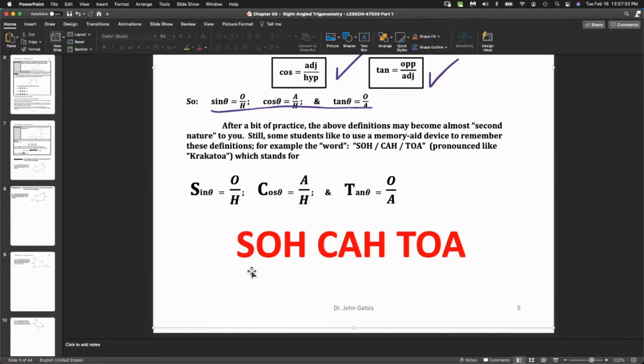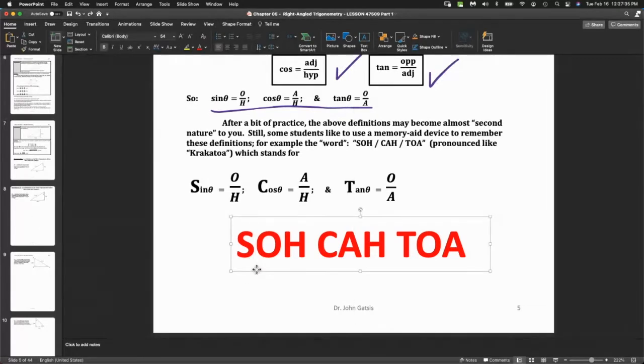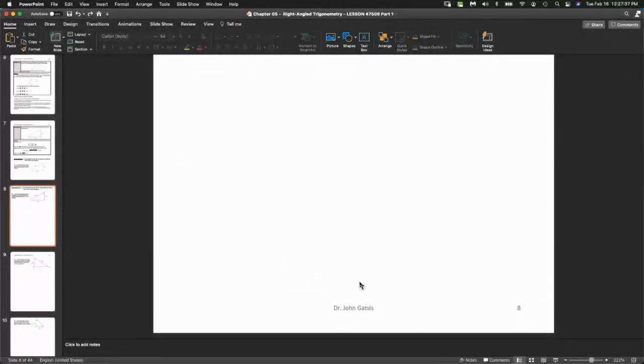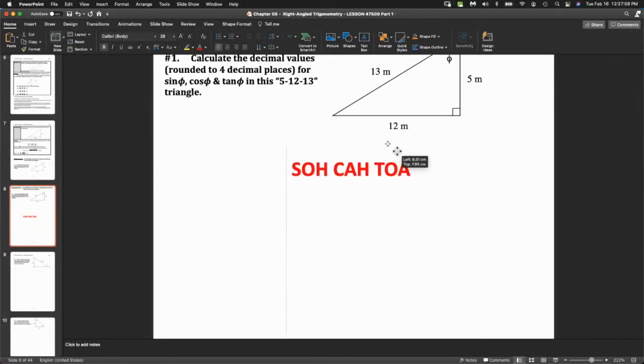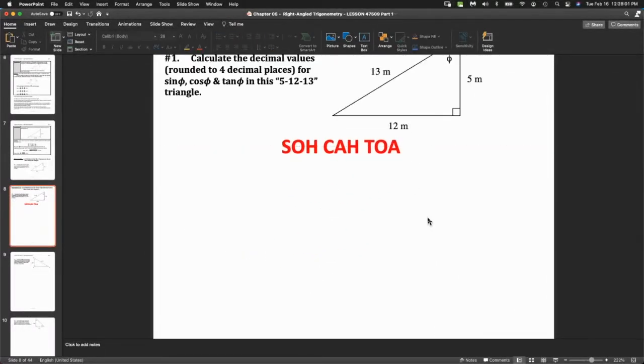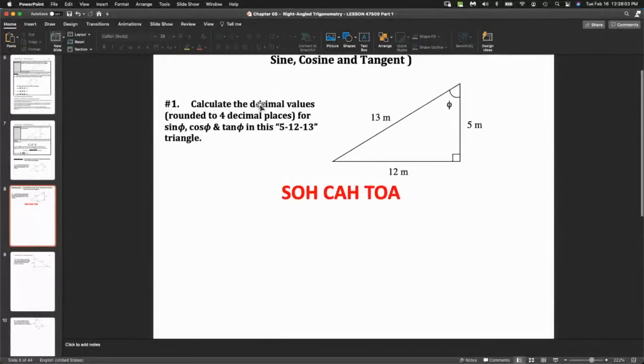So let's take this definition here and do a question. So we're using this definition to answer the following question. It says, calculate the decimal values to 4 decimal places for sine, cos, and tan of this Greek letter here. If you're wondering about that Greek letter, the pronunciation is phi, like feet without the T at the end.